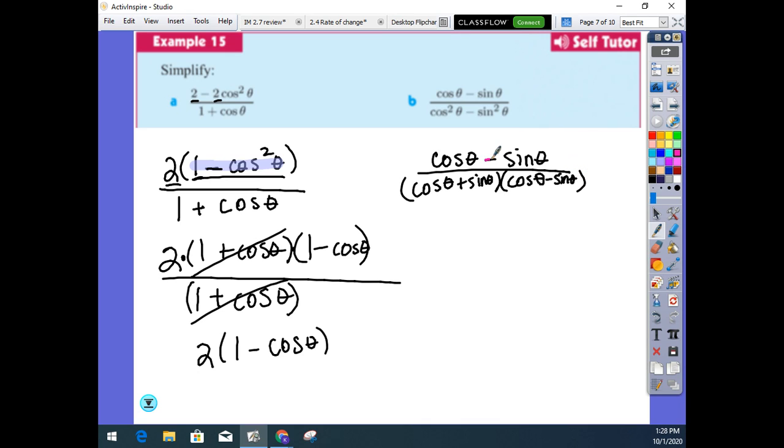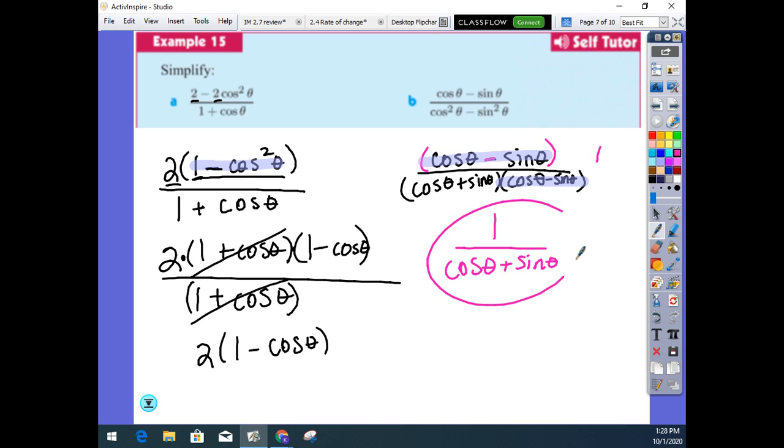I always tell people minus connects that whole numerator together. This is all one piece. And what does this cancel? It cancels all of that on the bottom. Anytime you cancel the entire numerator, you're left with a 1 on the top. And what's left on the bottom? That's your most simplified answer.